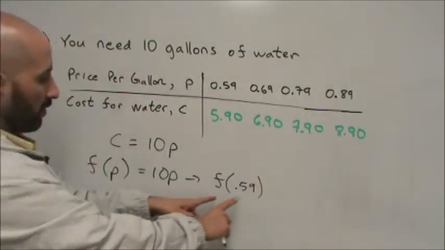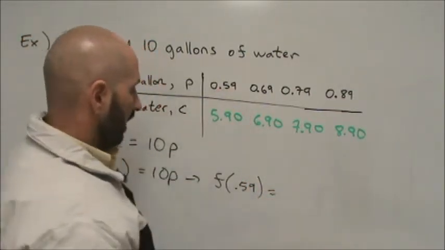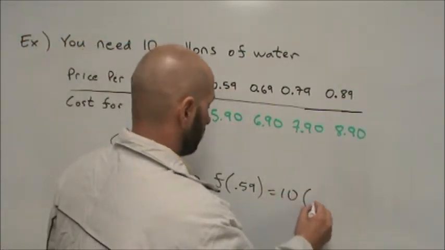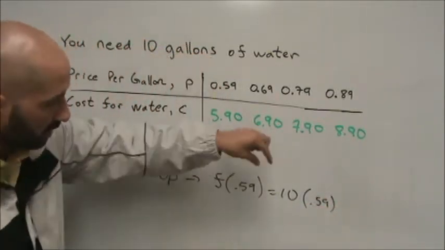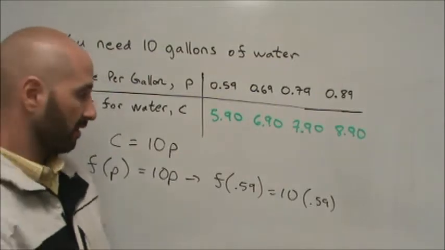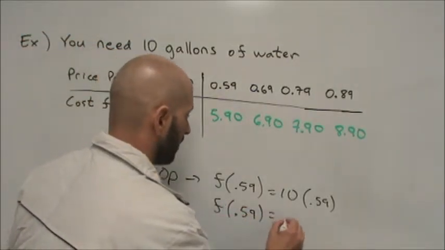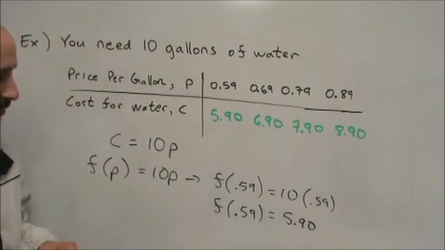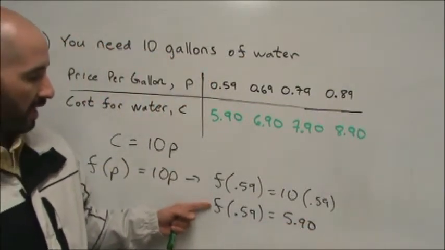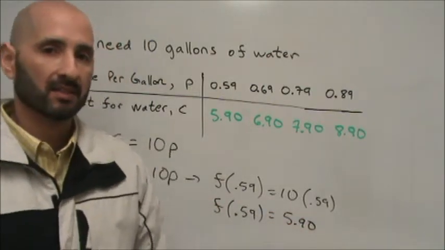Replace p with the price per gallon amount and calculate, meaning multiply 10 and 0.59. So I would get $5.90. So this statement here is read this way: f of 0.59 equals $5.90.